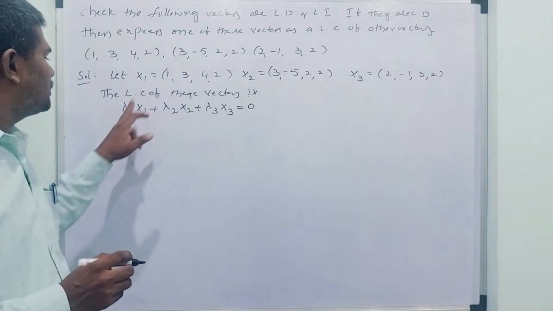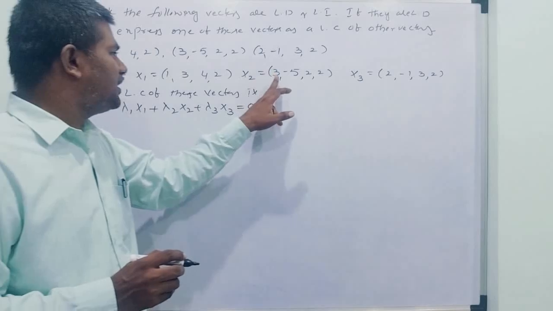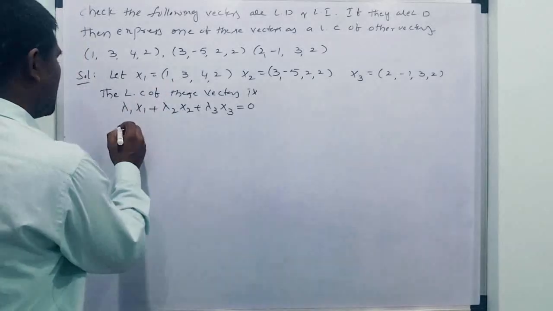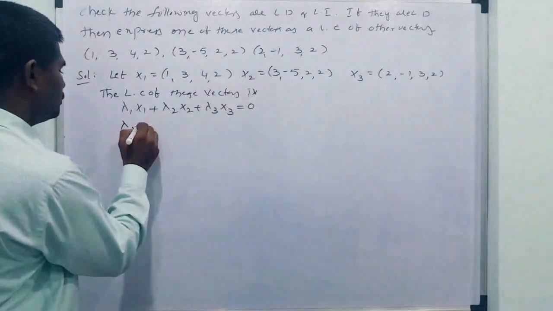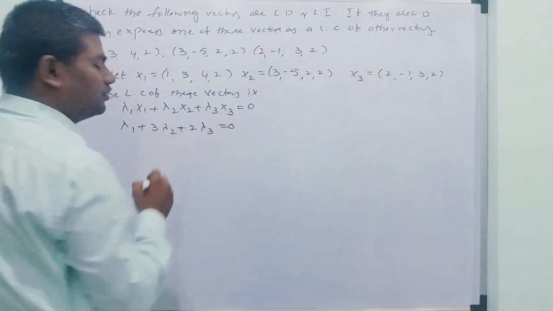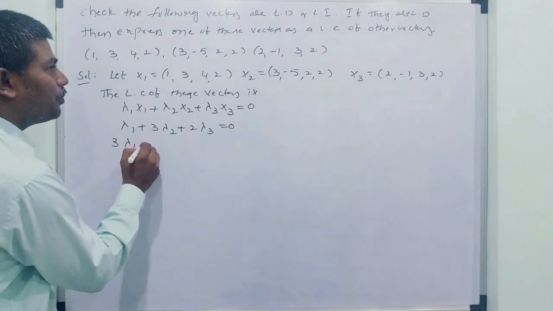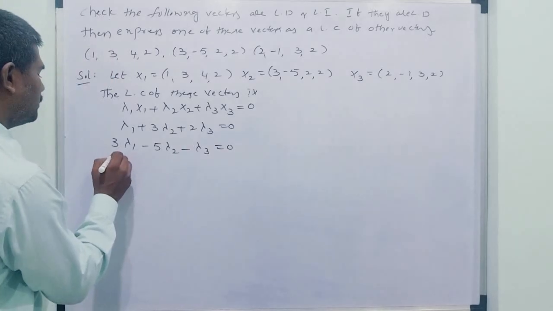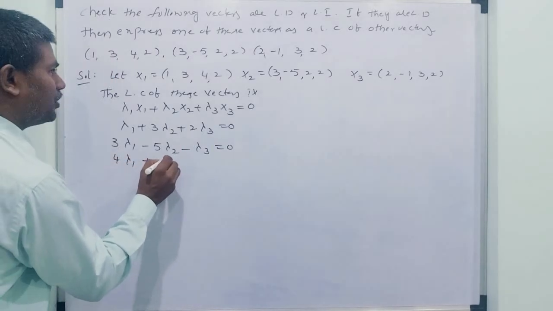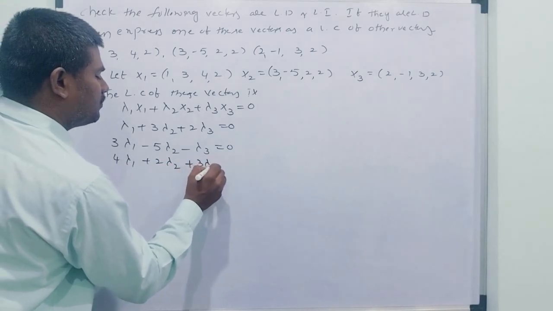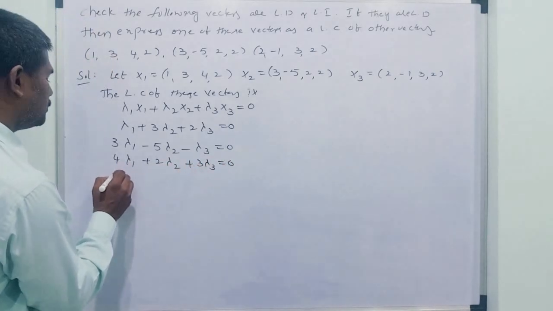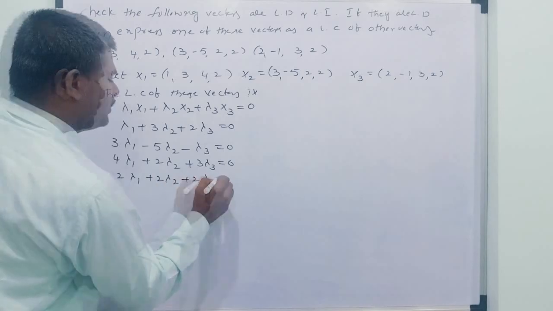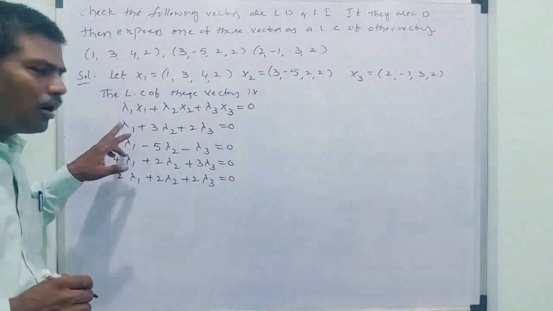If you multiply this out, we get lambda 1 plus 3 lambda 2 plus 2 lambda 3 equal to 0, and 3 lambda 1 minus 5 lambda 2 minus lambda 3 equal to 0, and 4 lambda 1 plus 2 lambda 2 plus 3 lambda 3 equal to 0, and 2 lambda 1 plus 2 lambda 2 plus 2 lambda 3 equal to 0. Now what is this?